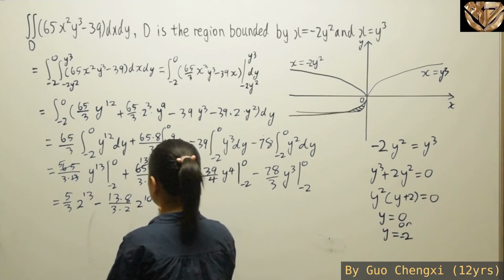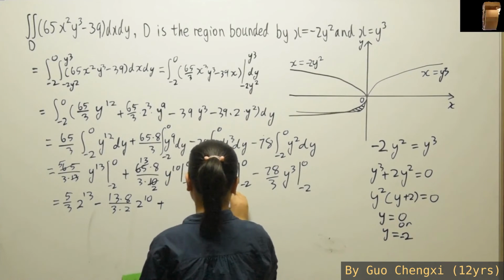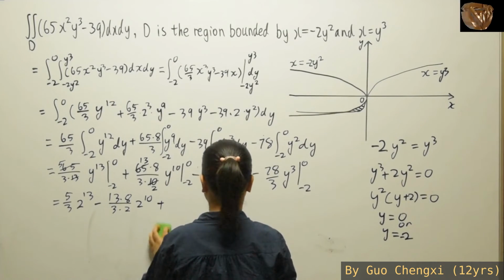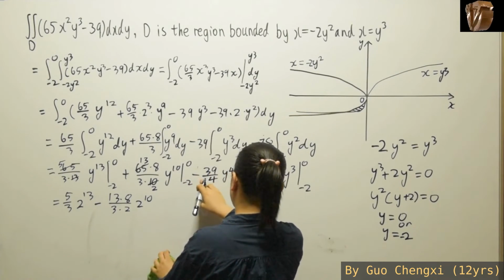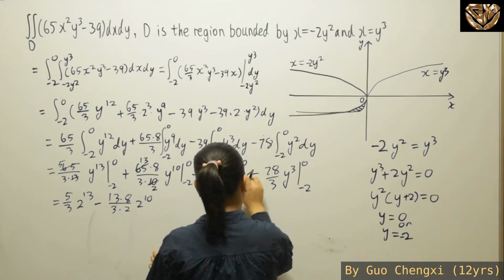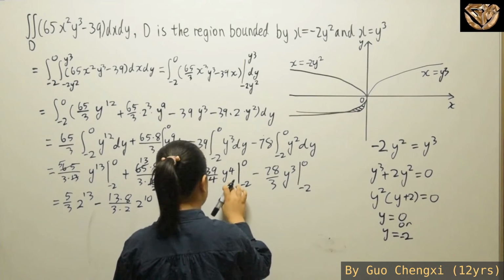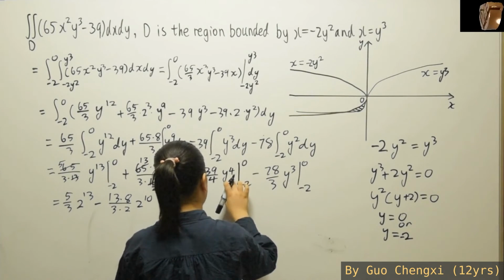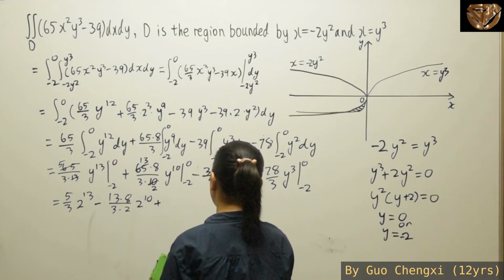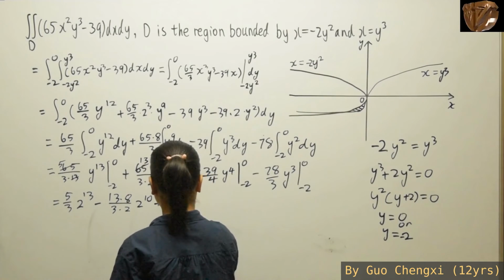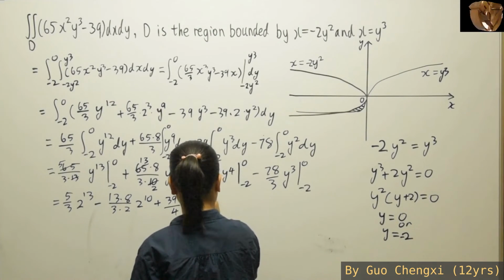Then after that, you're going to add. So over here, when you add, it's supposedly a negative from this part, but since it's a minus from the boundary, it's positive. And since this is to the power of 4, there isn't going to be another negative, so it is actually going to be a plus 39 over 4, 2 to the power of 4.